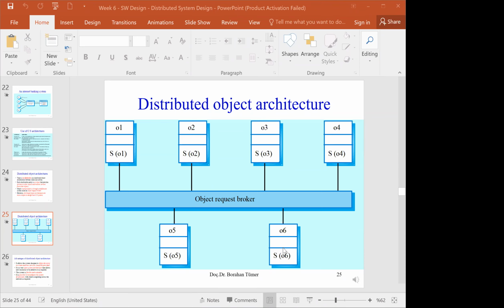That is, they can provide services and receive services at the same time. And there is this object request broker in the middle that lets all these nodes communicate with each other.